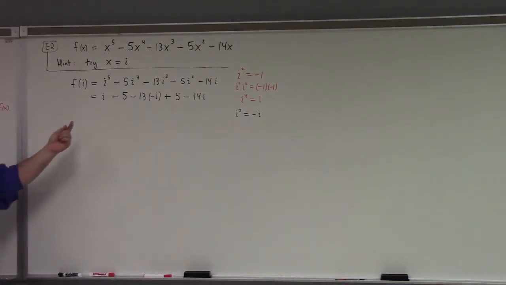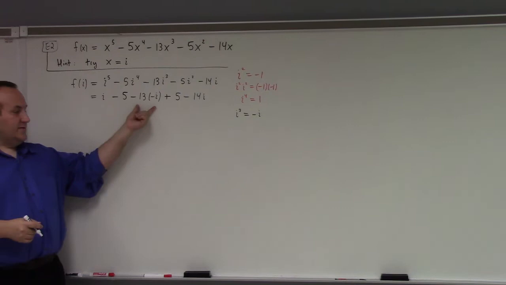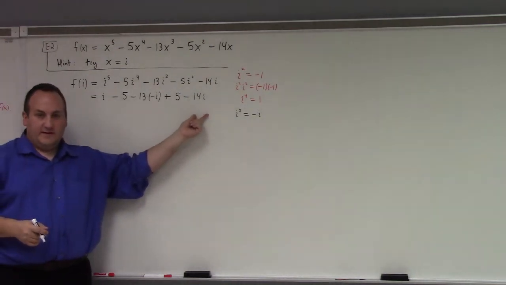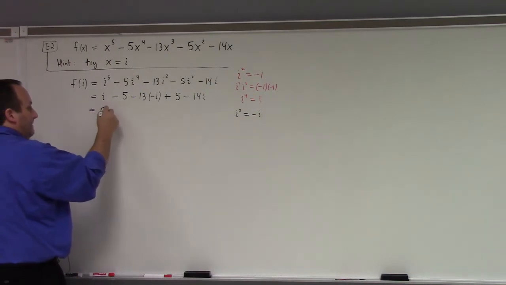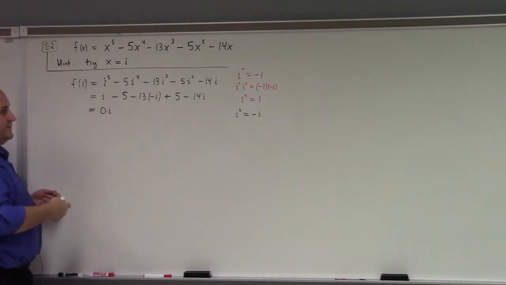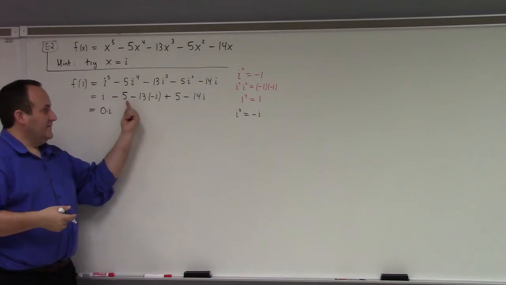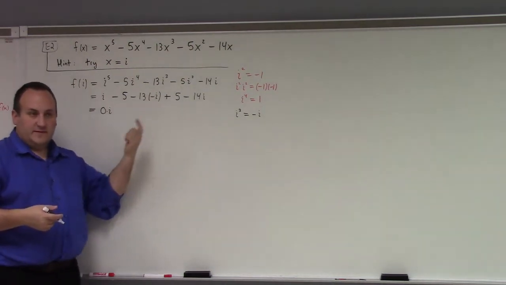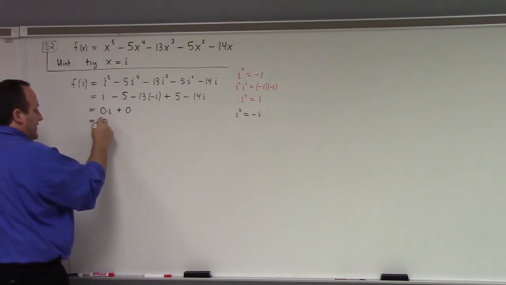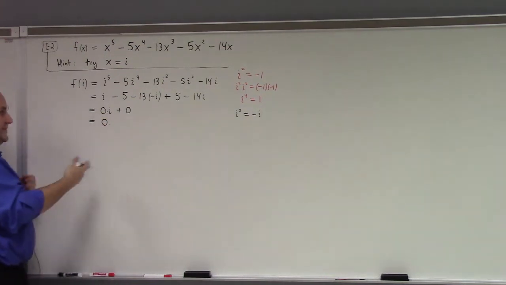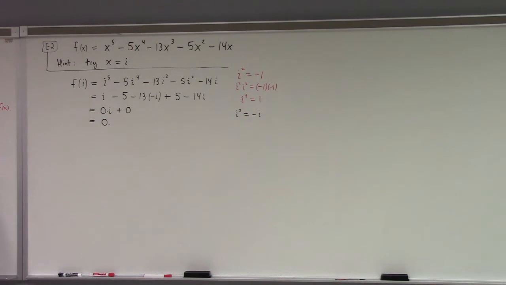Look at it. We've got i plus 13i minus 14i, so we have 0 copies of i. And how many real numbers do we have? Minus 5 plus 5, which is 0. So if you simplify and collect all like terms, real and imaginary, we get that f of i is equal to 0.